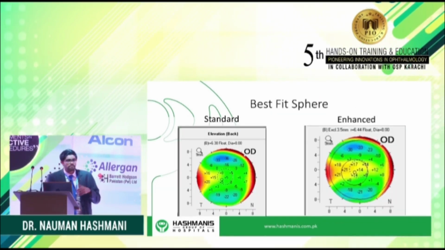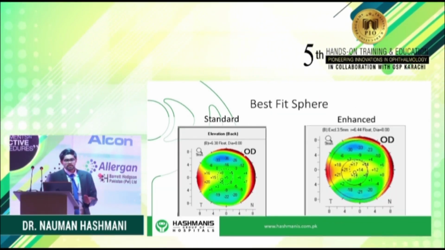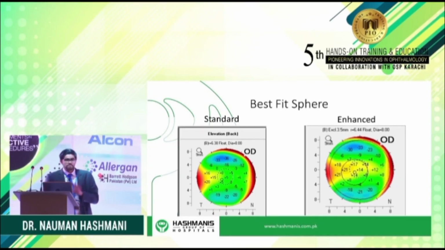And just to show you what a practical example looks like, this is the same patient, right? And you've got a back elevation data. So here, most of us would say that this is probably a normal cornea. You've got some elevations at the periphery, which we don't really care about, right? But there's nothing that you can see in the center that would alert you that this is a keratoconic cornea. But then you look at the enhanced best fit sphere, right?